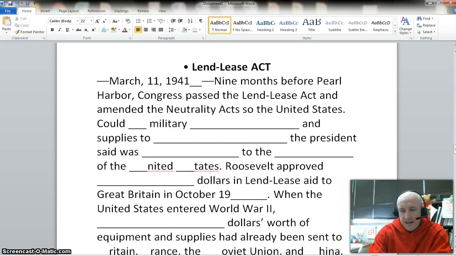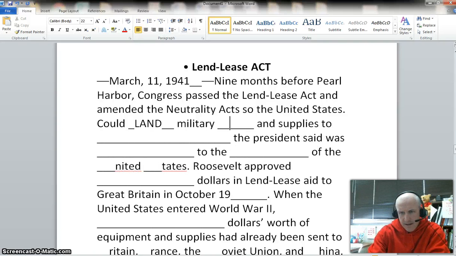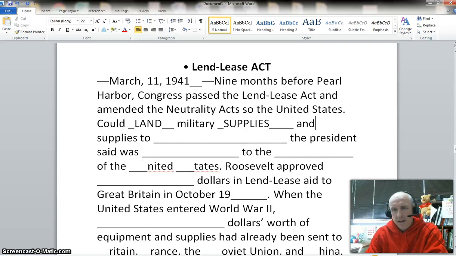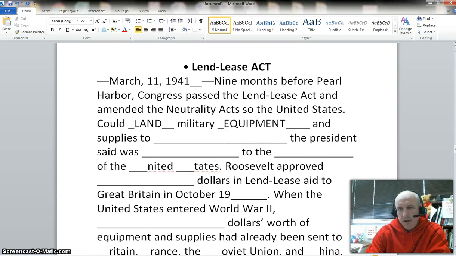It's called the Lend-Lease Act, so we're going to be able to lend military supplies and or military equipment. You can put supplies if you want.